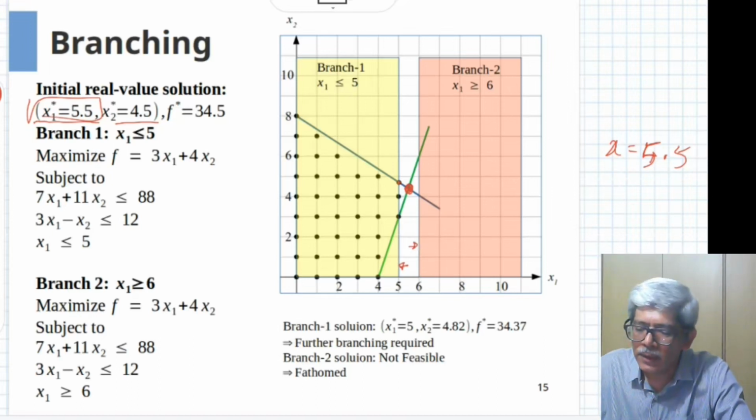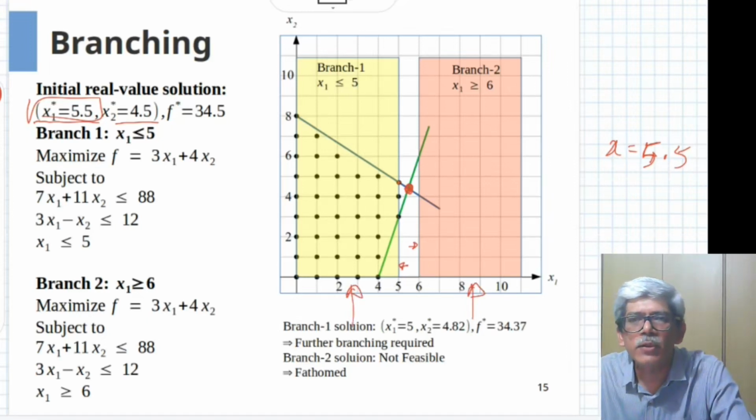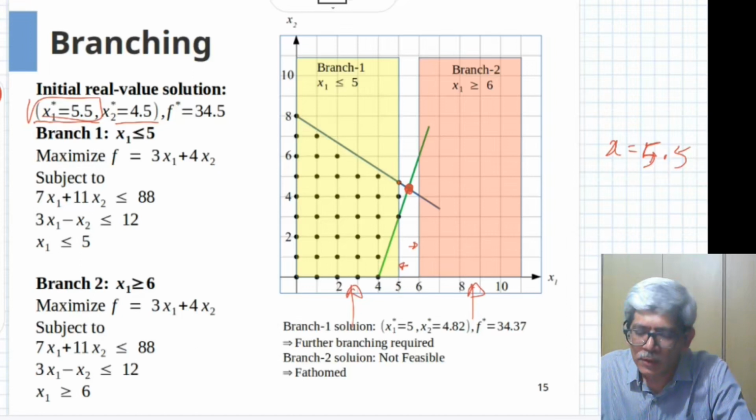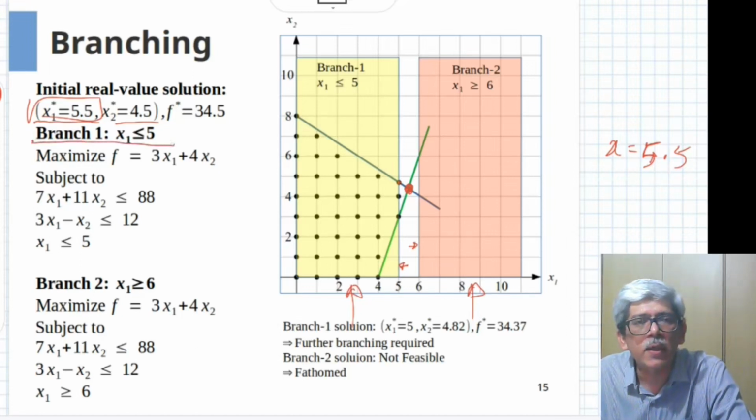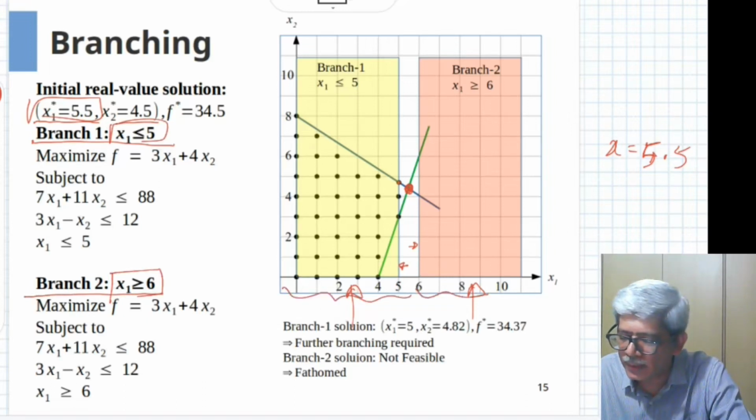The yellow and red zones that we see here are the two branches that we are making to solve this particular problem. The first branch has the additional constraint x1 less than or equal to 5, and the second branch has the additional constraint x1 greater than or equal to 6, which is graphically represented on the right hand side.